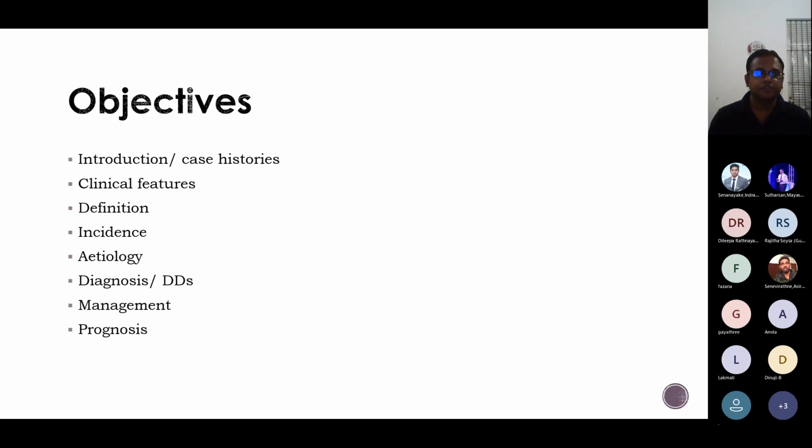Children with other problems can present with this sort of clinical picture. And definition is also a bit of an issue. There's no agreed definition actually. Various sources give slightly different definitions, and then incidence in large babies and IUGR babies, the etiology, diagnosis and possible differential diagnosis, and most importantly management and the prognosis of these children who had hypoglycemia.